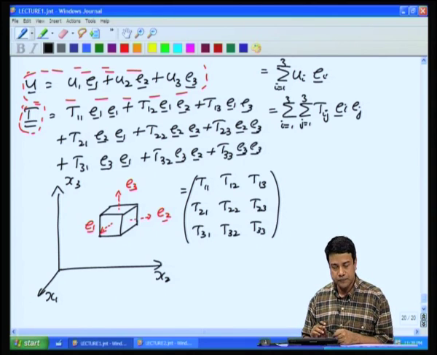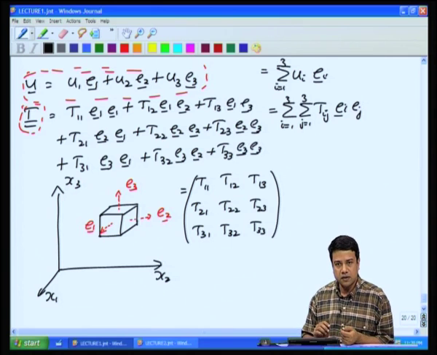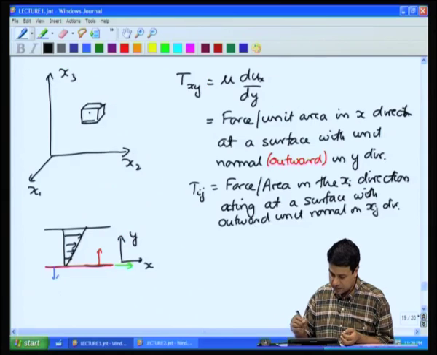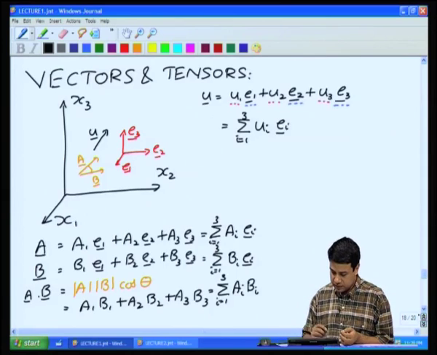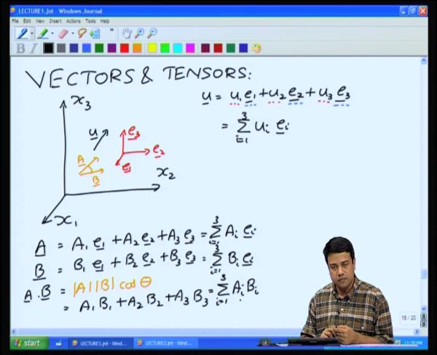Now, we had introduced the dot product in the previous slide. The dot product of 2 vectors is a scalar. You take the components, multiply them with each other and add them up.